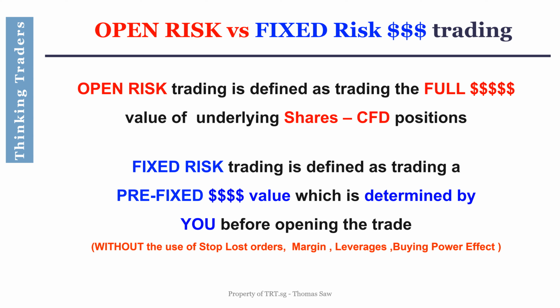For tonight's purpose, I'll be focusing on fixed risk trading, trading a predetermined dollar value, fixed by you before opening a trade. No stop loss, no margin, no buying power, no leverage.